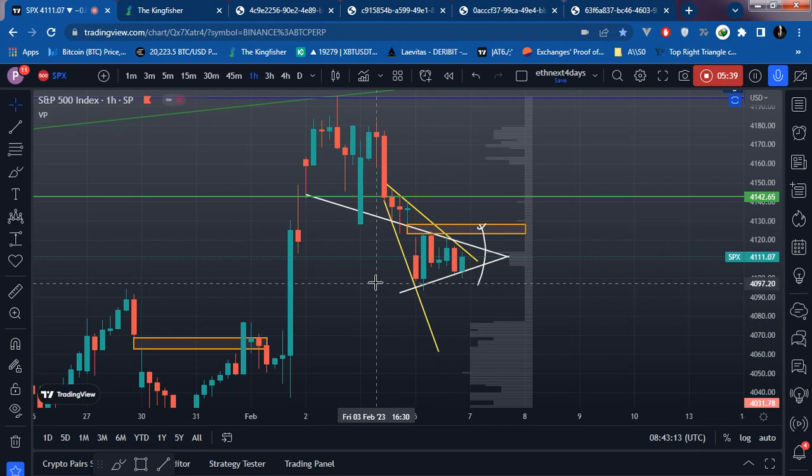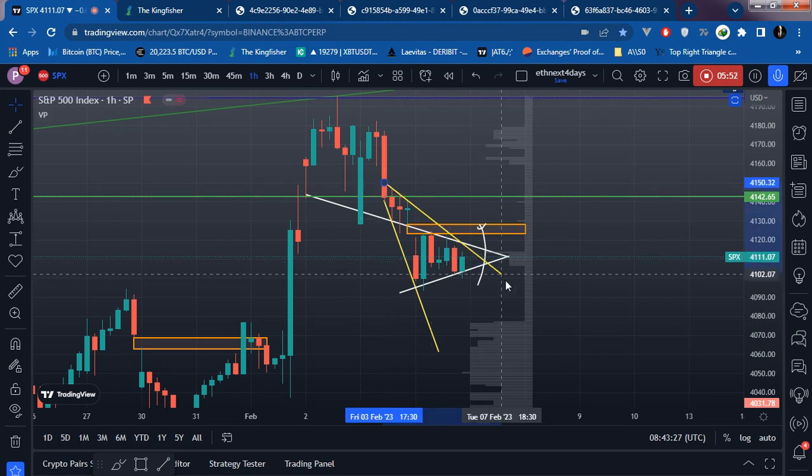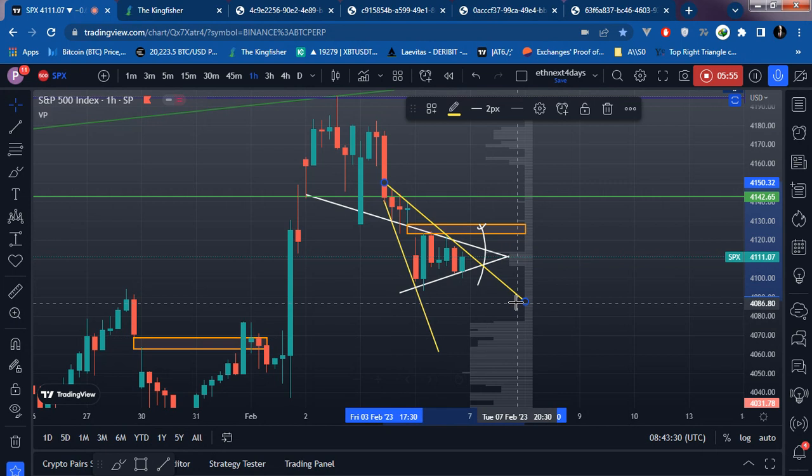So right now, S&P 500 is doing two types of chart patterns. One of them is a descending broadening wedge, which is these two yellow lines that I drew. And one of them is a pennant, again, that we know already. And we did not fill this gap.